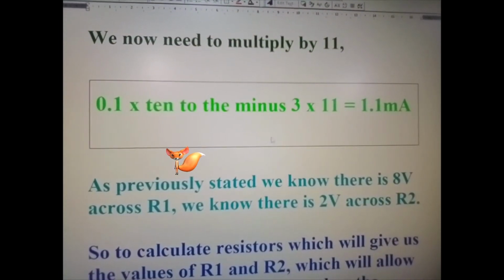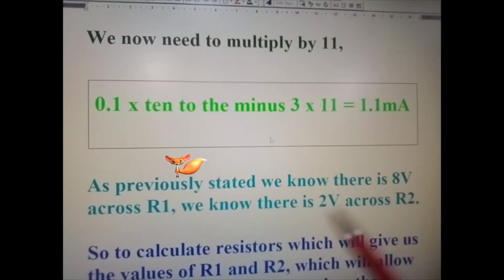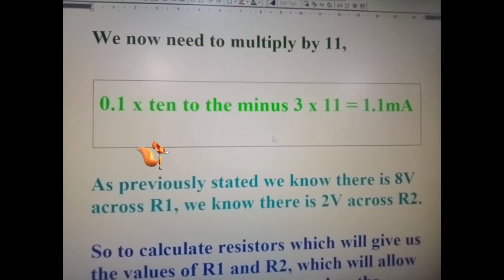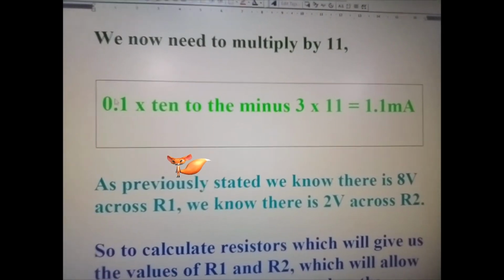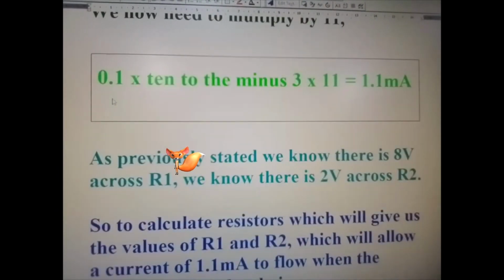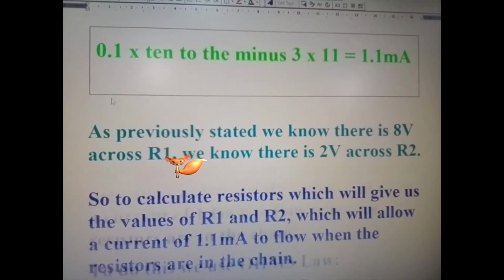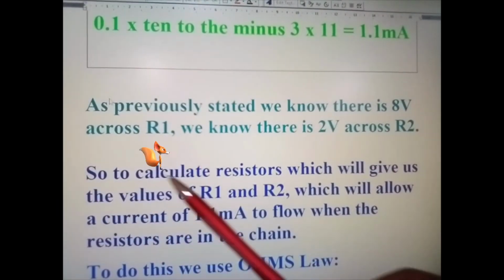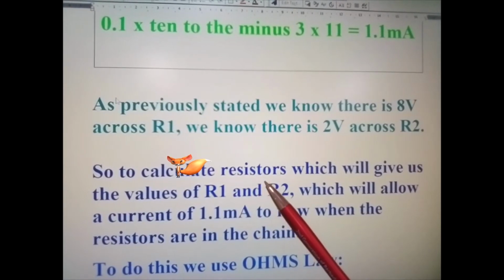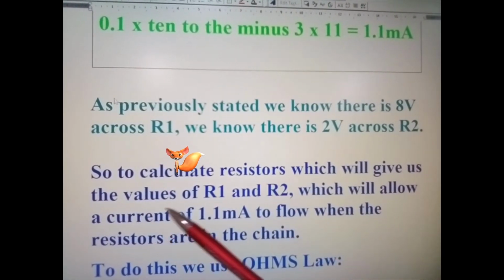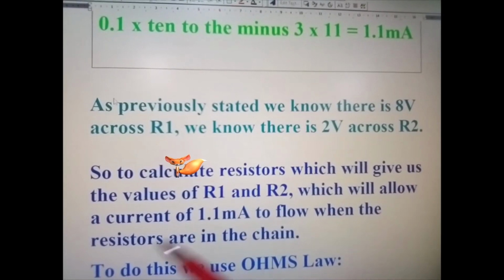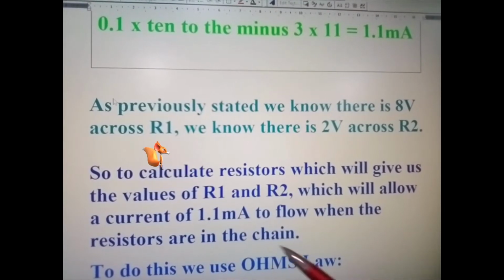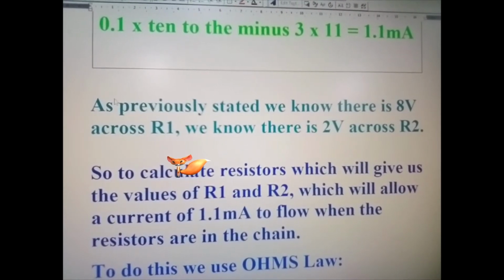Now, as previously stated, we know there is 8 volts across R1 and 2 volts across R2. To calculate the resistors, which will give us the values of R1 and R2 that allow a current of 1.1 milliamps to flow when the resistors are in the chain, we use Ohm's law.